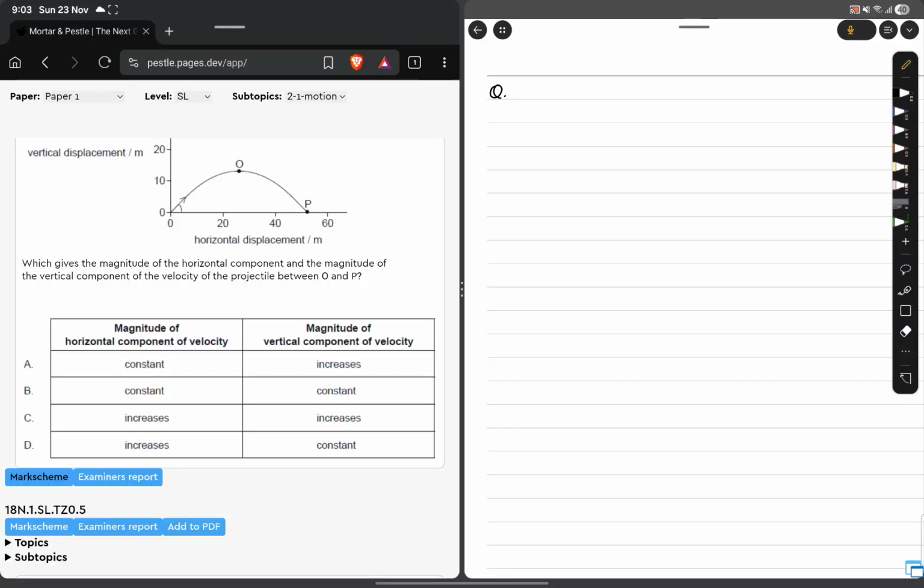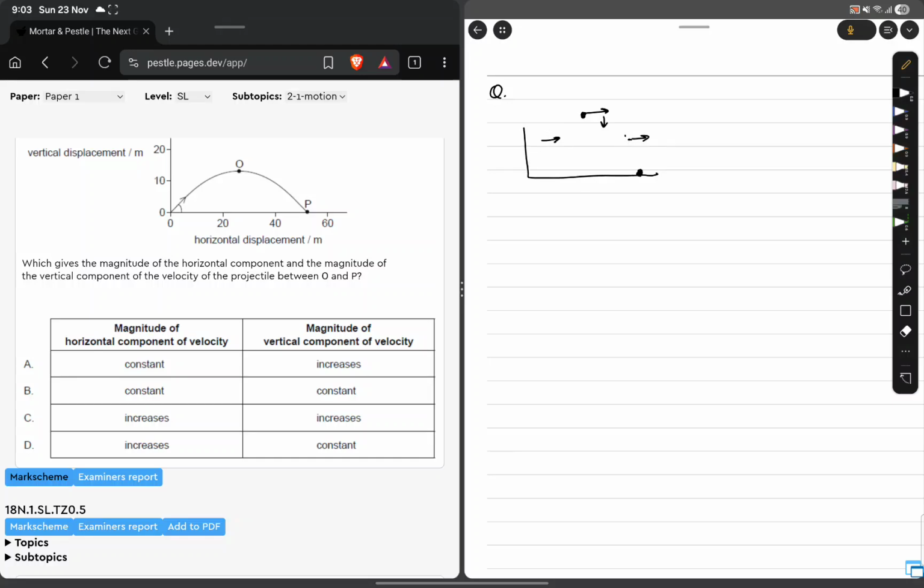increase. The reason for that is because this is a basic projectile, and we're only analyzing from here to here. At first there's no vertical velocity here. The horizontal component is always going to be constant, no air resistance, nothing stopping it, so it's going to stay constant. However, the object is going down, which means the vertical velocity must be increasing.